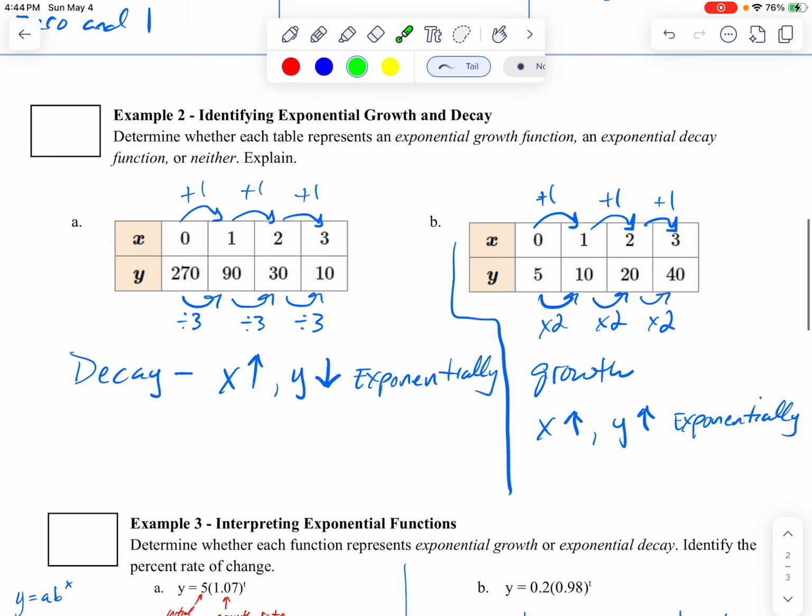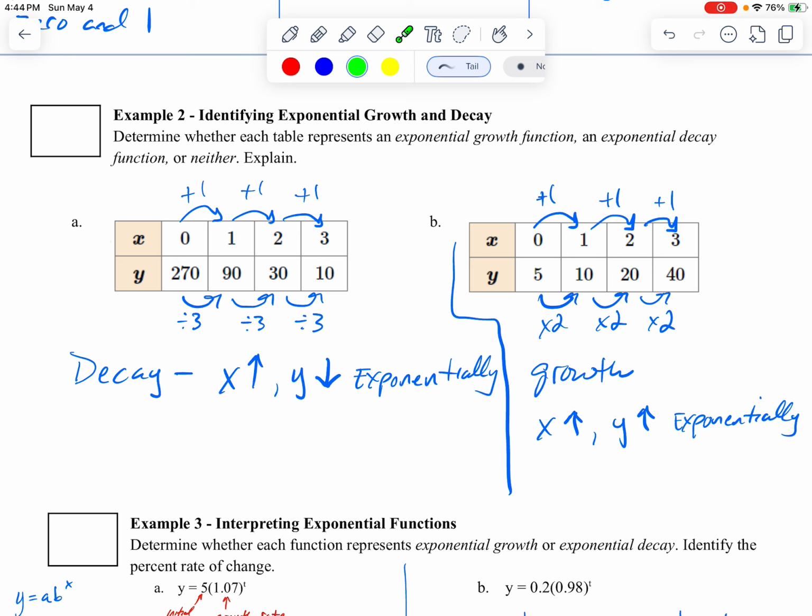All right, identifying exponential growth and decay in a table. So we talked about earlier how we know a function is exponential when we look at a table. If we have x that has a constant difference, but then our y values are either being multiplied or divided by a constant number.